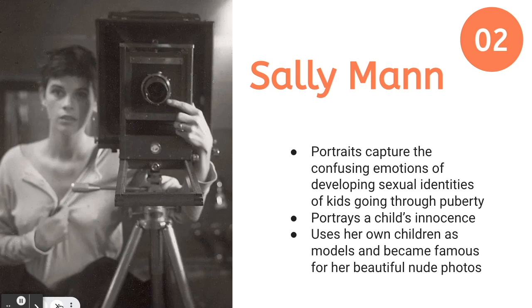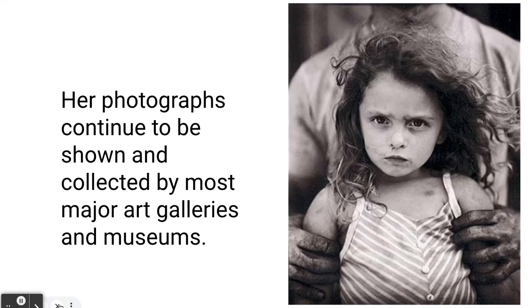Sally Mann grew up on a farm, and her kids grew up on the same farm. When you're on a farm, she's like, I ran around naked all the time, my kids ran around naked all the time, so it's not like I'd tell them to put their clothes on in order to shoot their photos. Then everyone went crazy about it, saying this is child pornography, and she's like, no, I'm just photographing my kids how they are in the natural element.